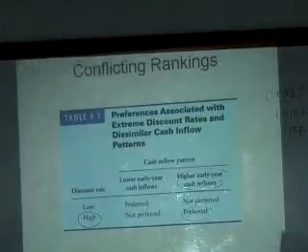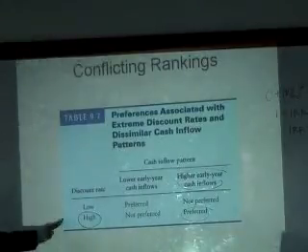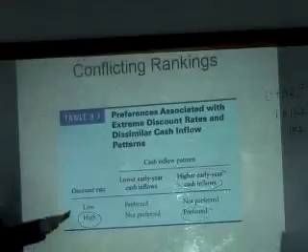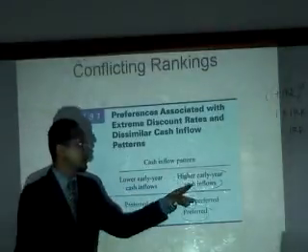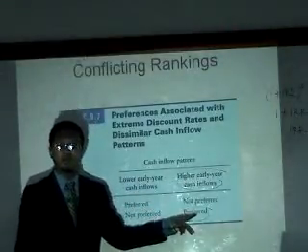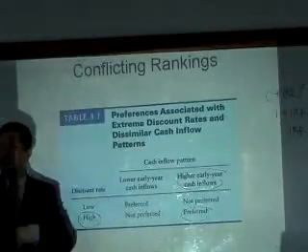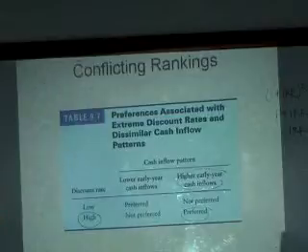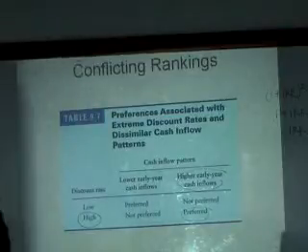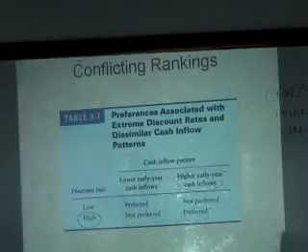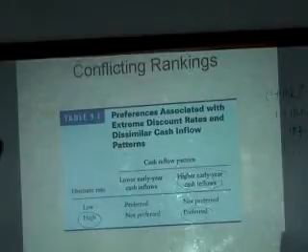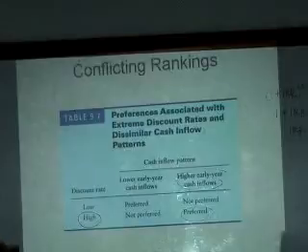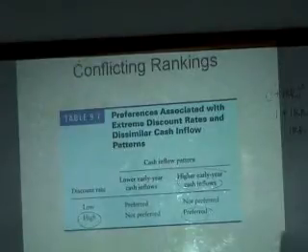So that's why we prefer. We just remember this one. The rest is vice versa. So the concept is that when you receive early higher cash inflow at a higher discount rate, it's better because you can reinvest that big amount you receive early at a higher discount rate.